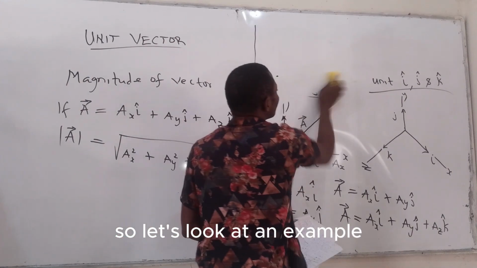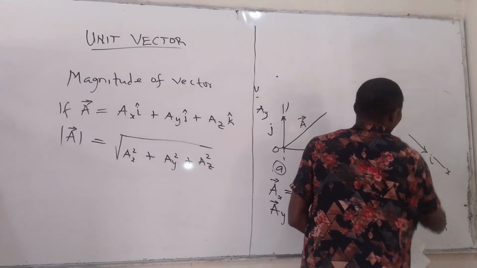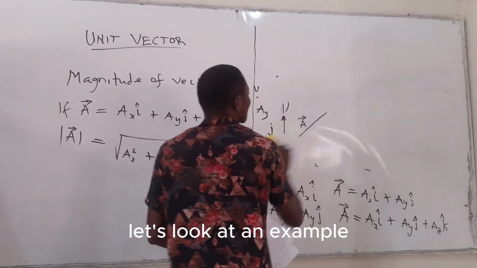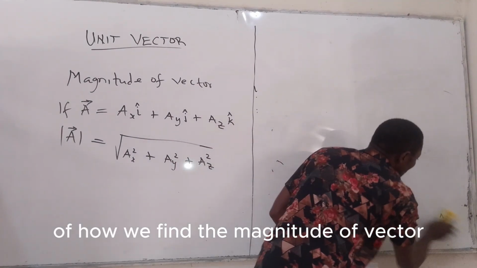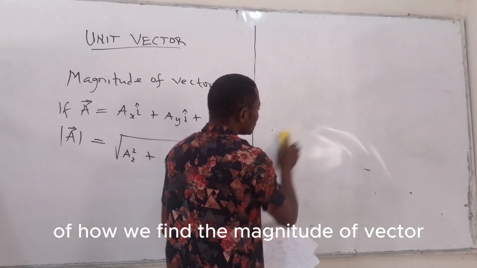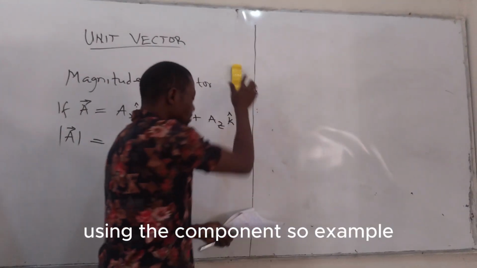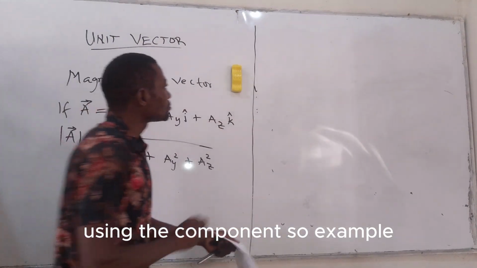So let's look at an example of how we find the magnitude of a vector using the components.